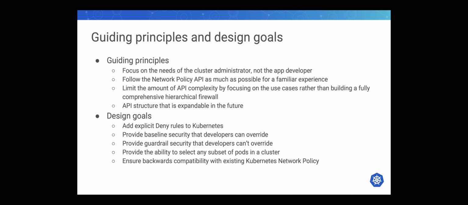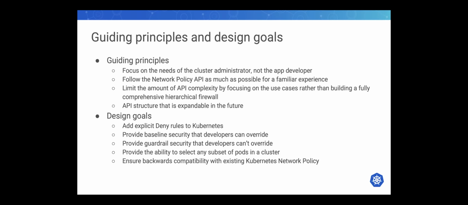The other goal is that the administrator should be able to select pods on the entire cluster. Essentially, this goes back to the scope of the policy resource, which is at a cluster level as opposed to the namespace level. And finally, we also want to ensure compatibility with existing Kubernetes network policy.